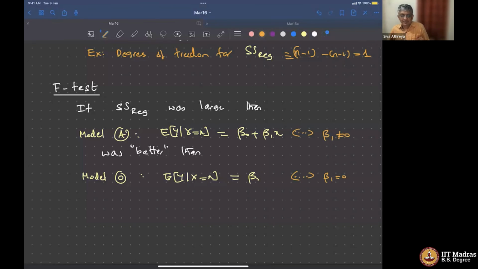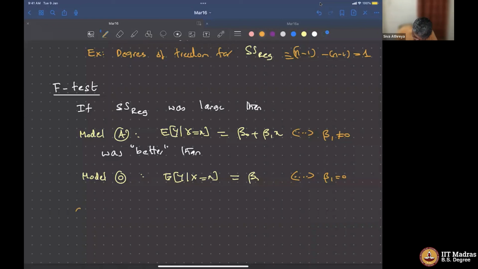So E of y given x equal to x is not constant in x according to the first model, and according to the second model, E of y given x equal to x stayed constant as x varies. This is an important intuition to have.